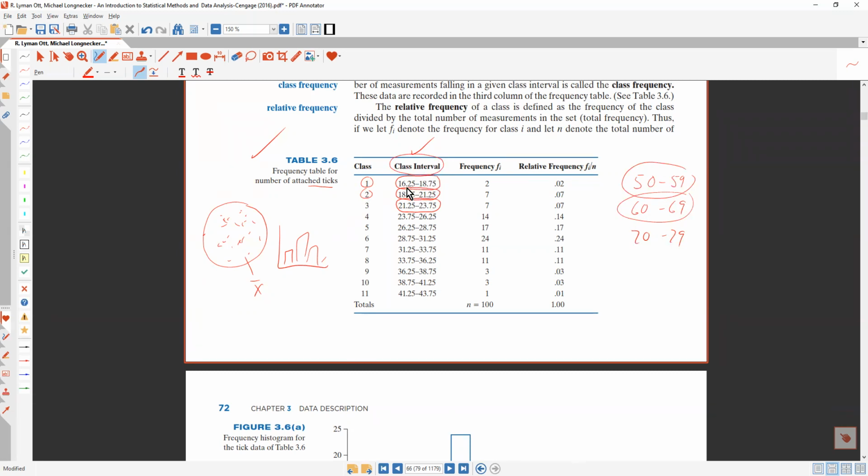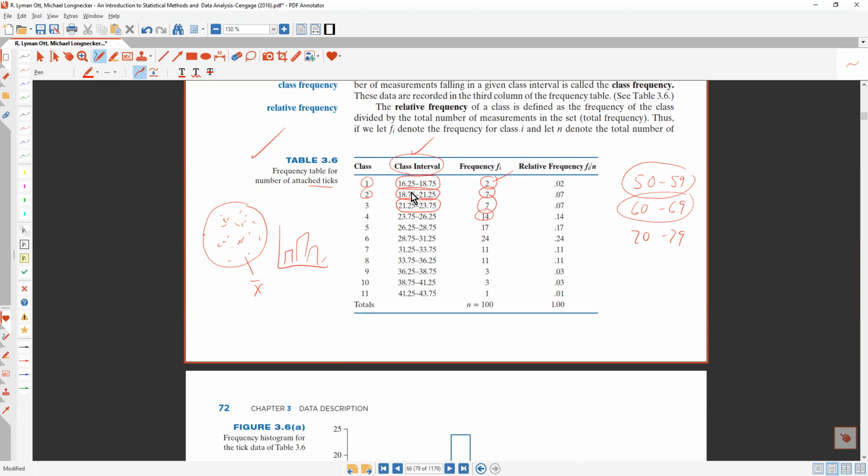So in this particular data, we're going from 16.25 to 18.75, 18.75 to 21.25, and we put the frequency of scores within that particular class interval. So there are two people who are in this interval.